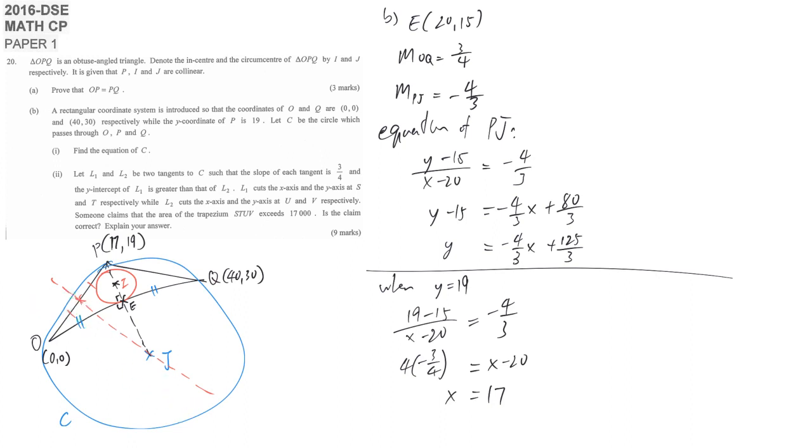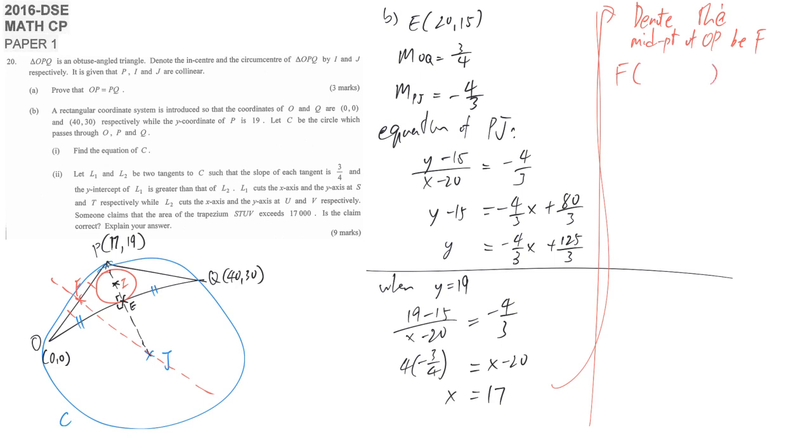We may let the midpoint of OP be F. And then the coordinates of F are 17 over 2, 19 over 2.